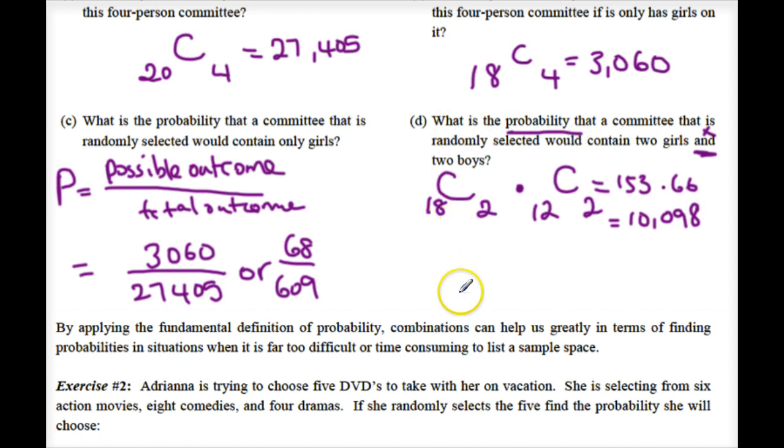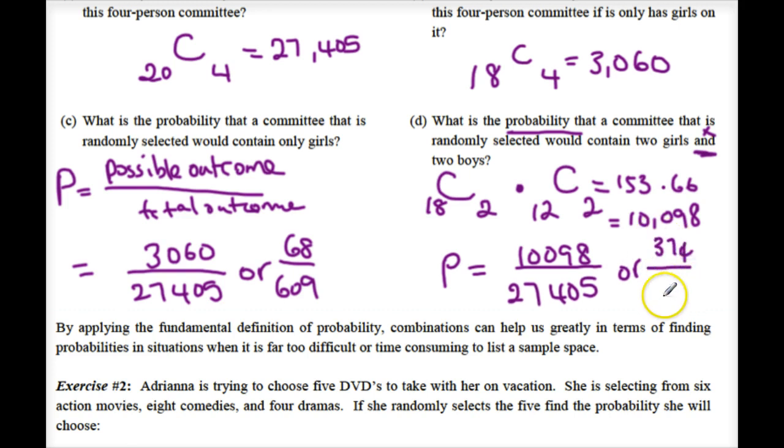So again, the probability is your possible outcome, which is 10,098, over your total outcome, which is what we had for 30 people from part A. This becomes 27,405, or you can simplify if you want to 374 over 1015.